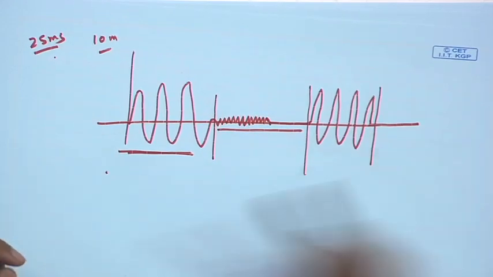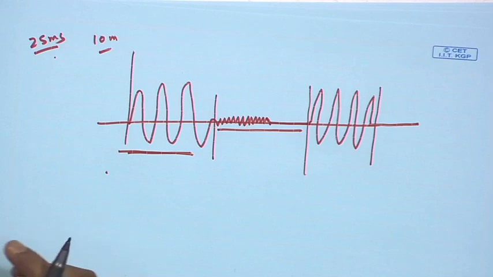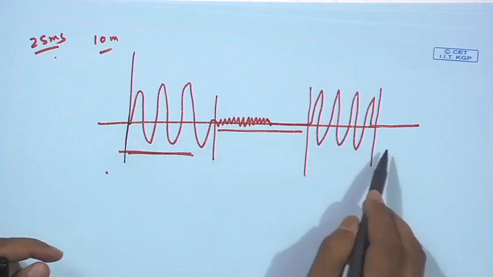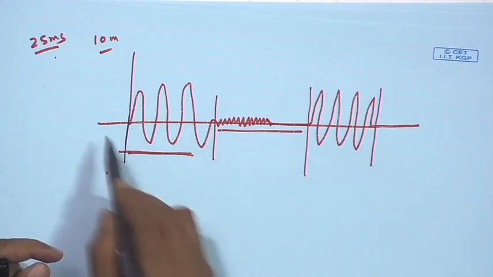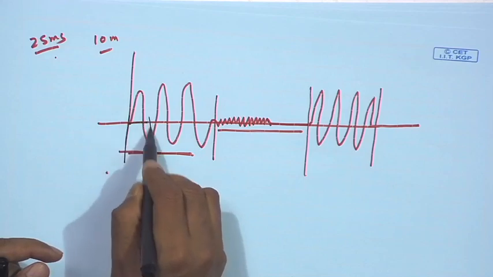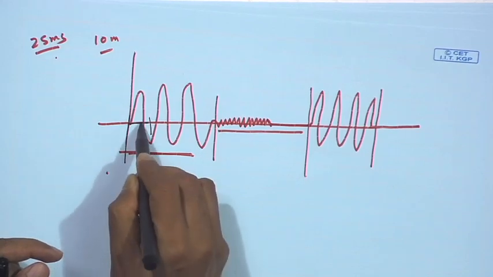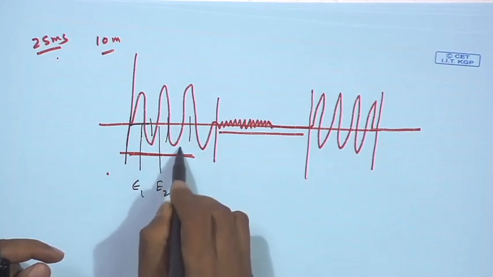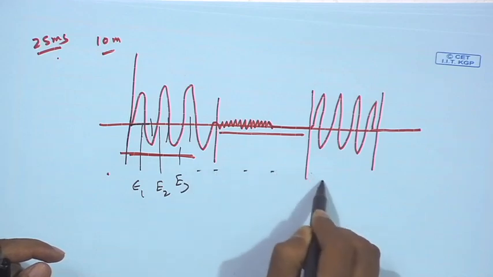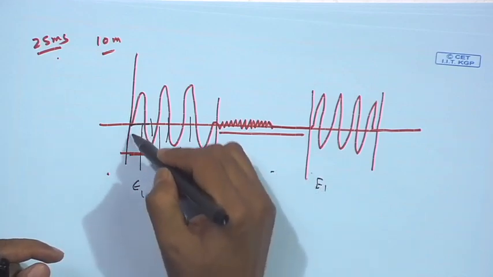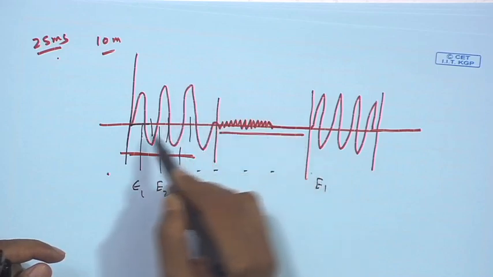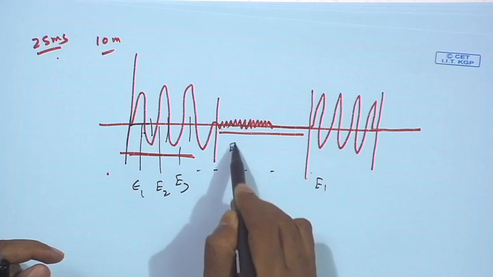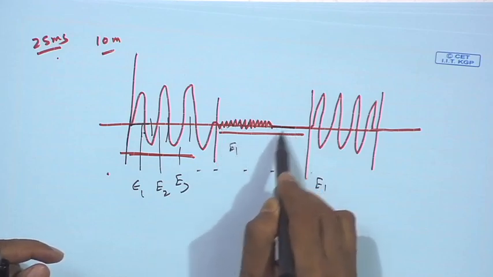Now, if I find out the short term energy of the whole speech signal, let us say I take this first window, find out the energy, then with 50% overlap take the next window and find out the energy E 1, E 2, then E 3. That way I find out the energy. Now, since it is a voicing signal, the energy will be very high. Since it is a noisy signal, the energy value will be very low. If it is a silence, energy will be even lower.